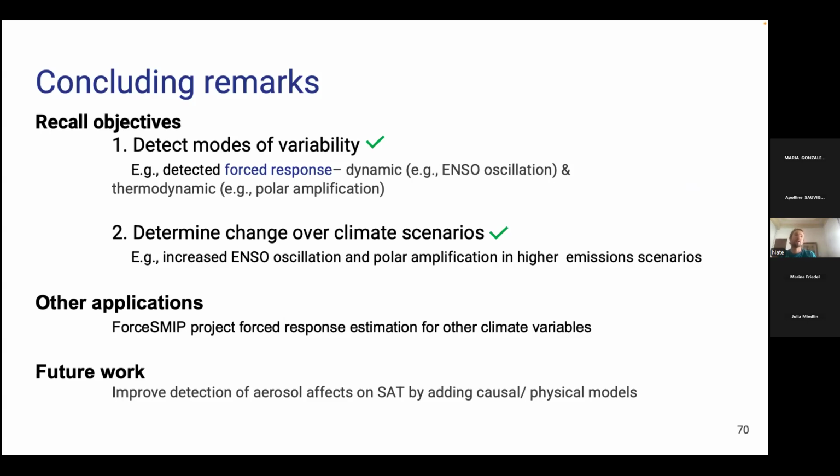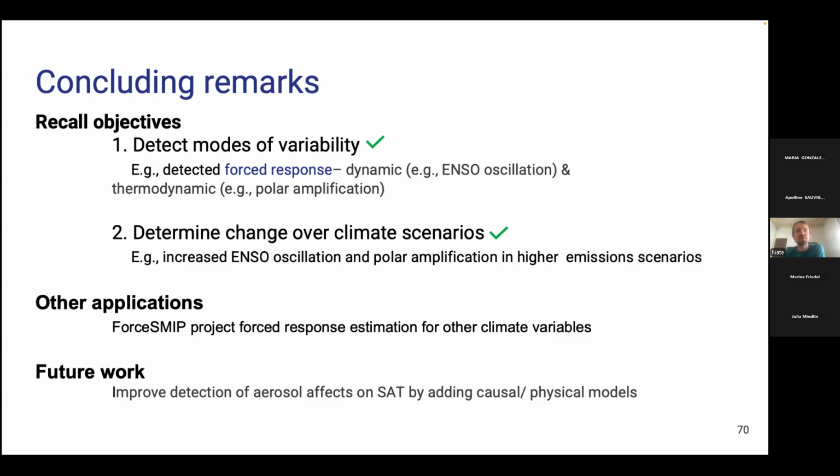So there are other applications of this project, namely to ForceSMIP. Since I have a little bit of extra time, I'll take a couple minutes and explain this project.